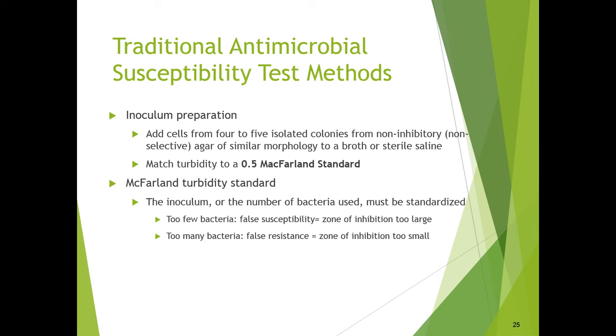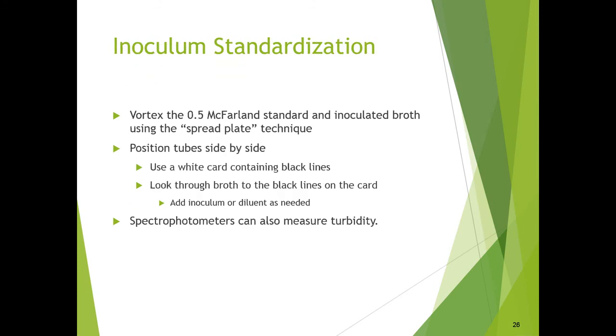If our inoculum is too heavy and we have too much bacteria, we can see a false resistance. So our zone sizes are going to be too small, and we would report more resistance. And we'll see how we determine that in just a minute.